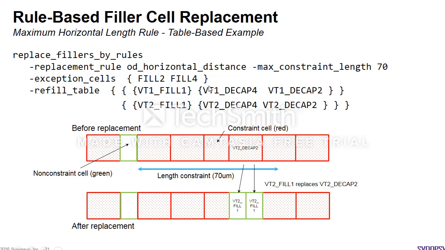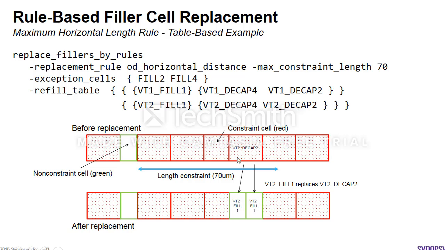For example, this example is a decap cell, and it continues larger than your specified length, and then the tool will want to break this violation by using your feeder table.